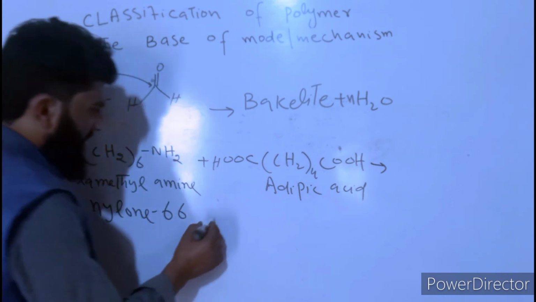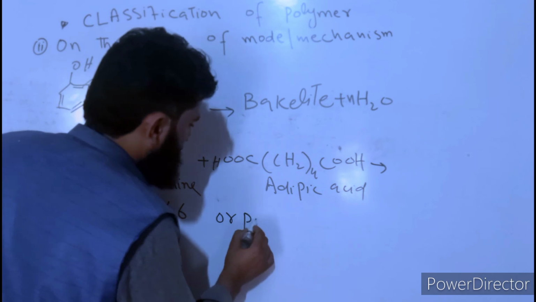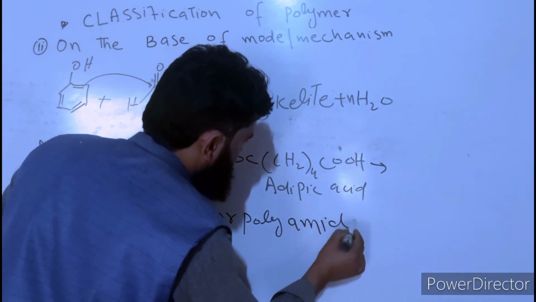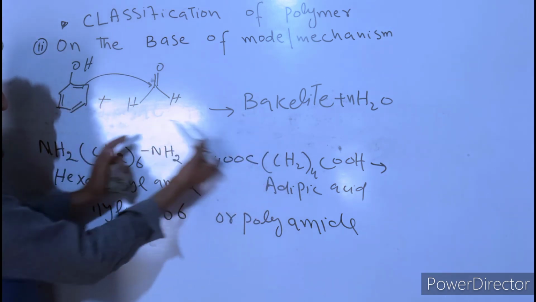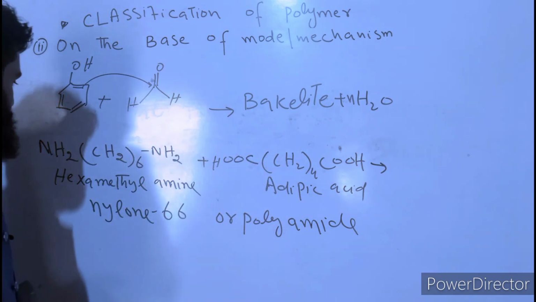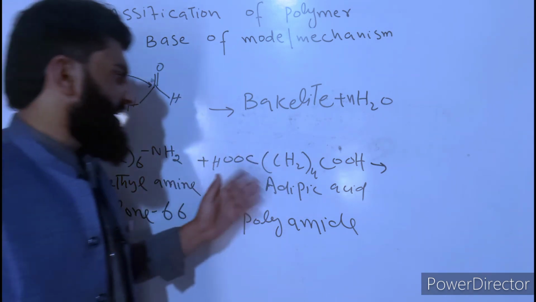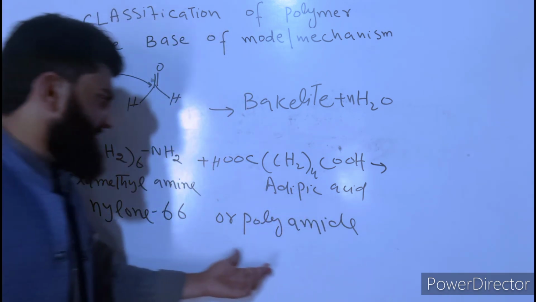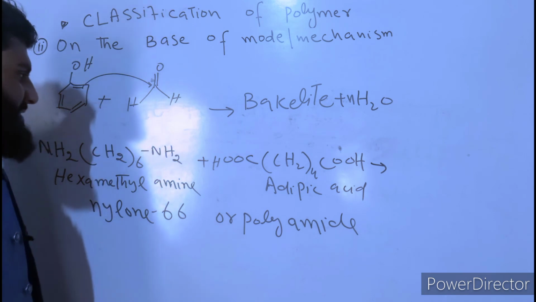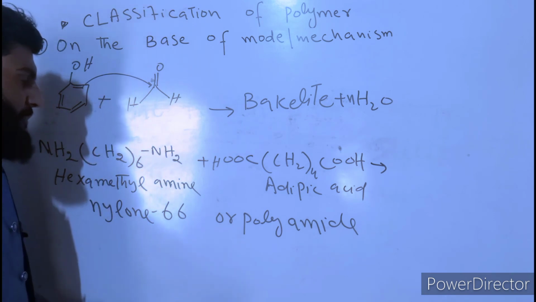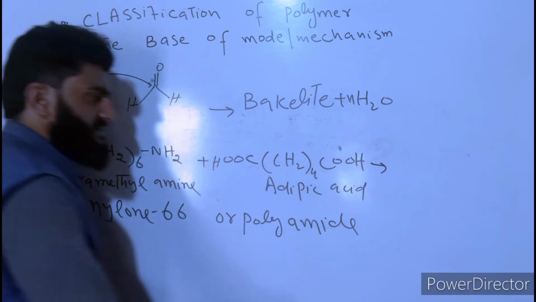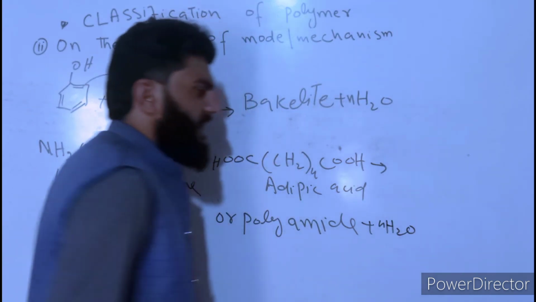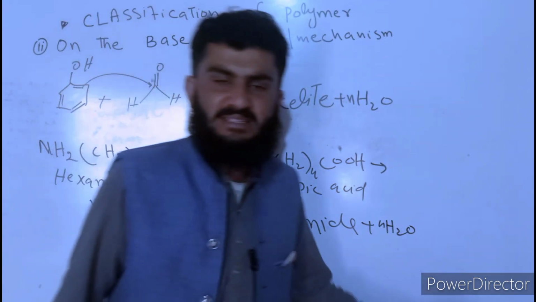Nylon 6,6 is actually polyamide. Clear? Because amide linkage will be formed. So when hexamethylamine reacts with adipic acid, they form nylon 6,6 or polyamide. By what type of process? By condensation process plus H2O. N molecules of H2O are also formed. This is a side product.